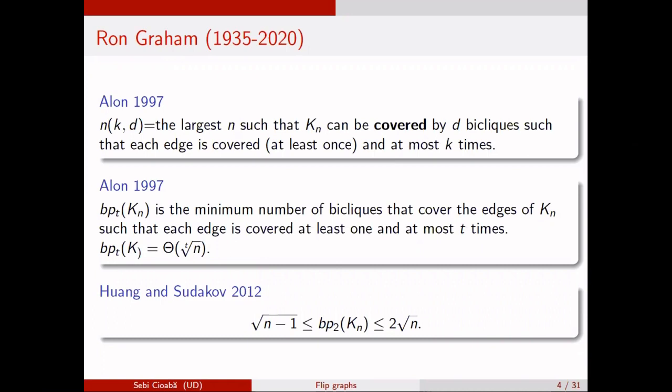This is also linear algebraic, so all the lower bounds are linear algebraic. And Alon's construction from 97 gives 2 square root of n. So for general n, nobody knows what this parameter behaves like. Is it 2 root n? Is it root n? Something in between. It's not known.